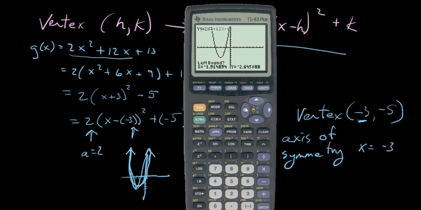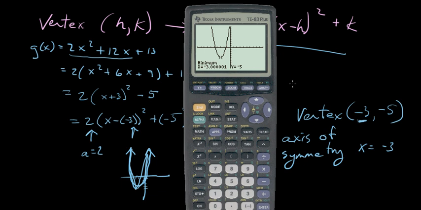And I want to move my cursor to the left to identify the left boundary. Enter. Move it to the right of the vertex to identify the right boundary. Enter. And then enter again. And there's my vertex at -3. Just ignore the 0.00001. -3 and -5. That is my vertex.